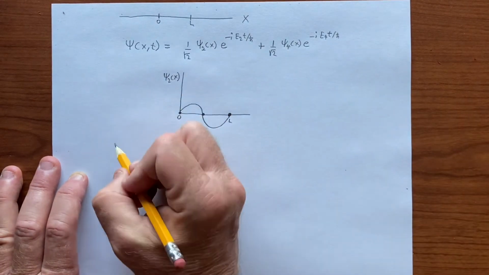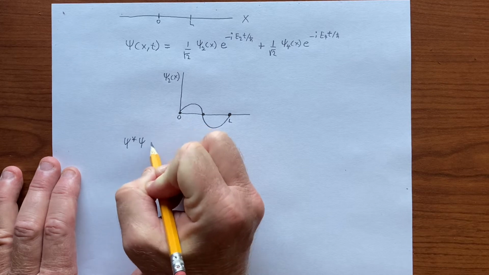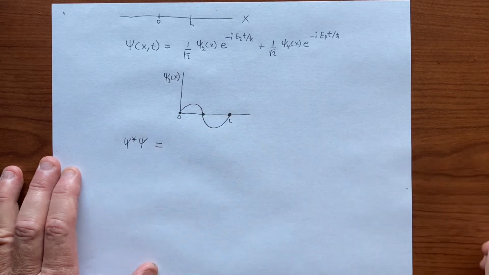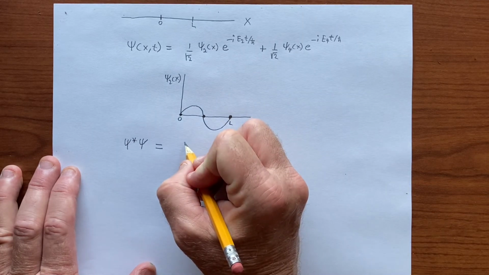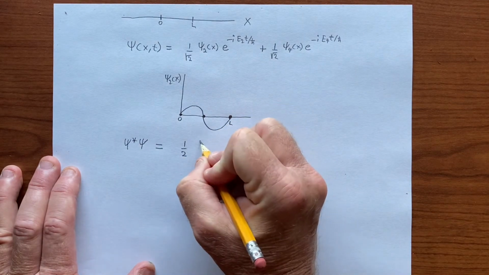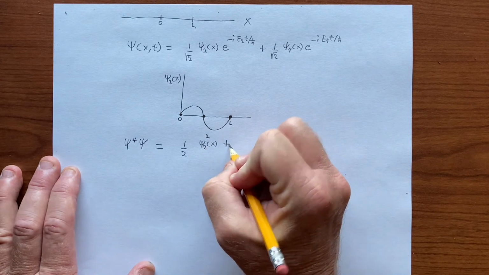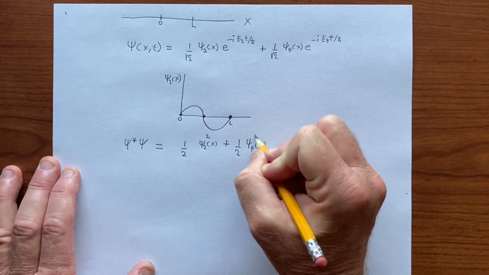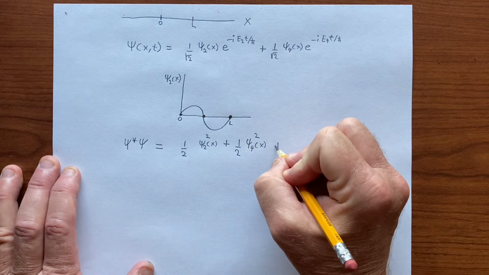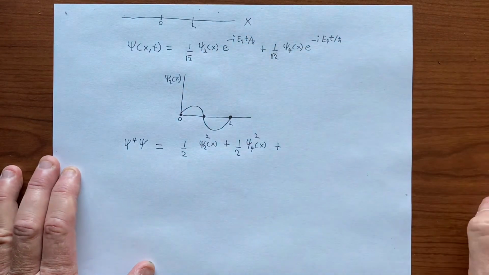But considering psi star psi, we end up with 1/2 psi 2 of x squared plus 1/2 psi 4 of x squared plus twice this times that.